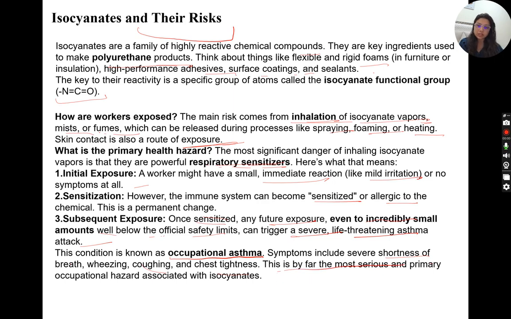This is by far the most serious occupational hazard associated with isocyanates, and that's why research is now going on into polyurethanes made without isocyanates. So we can make such polymers by replacing isocyanates, which have played an important role, with other chemicals that are not that risky to our health.